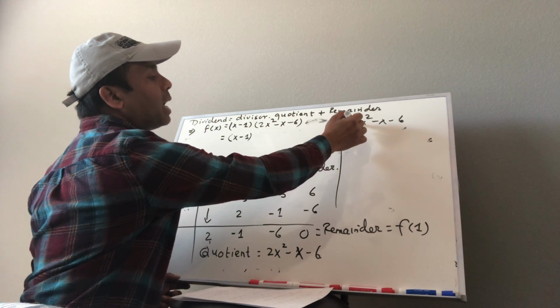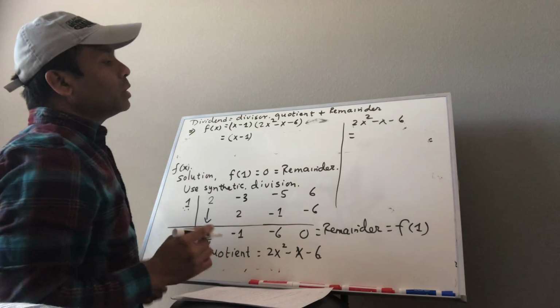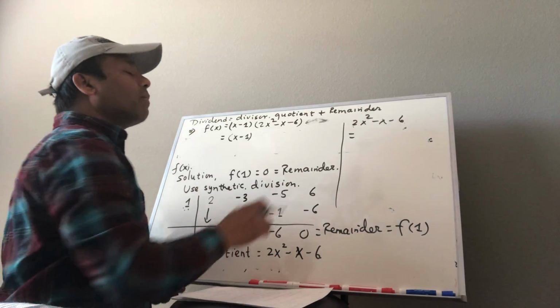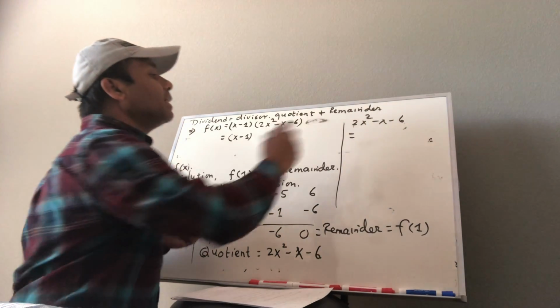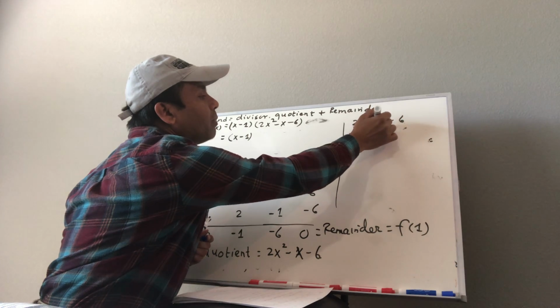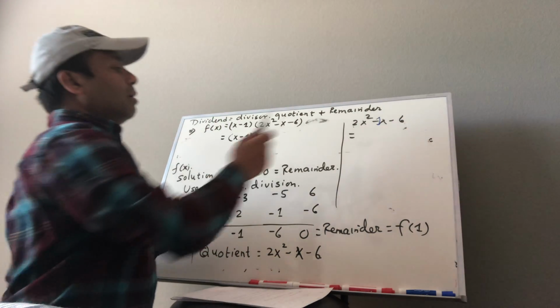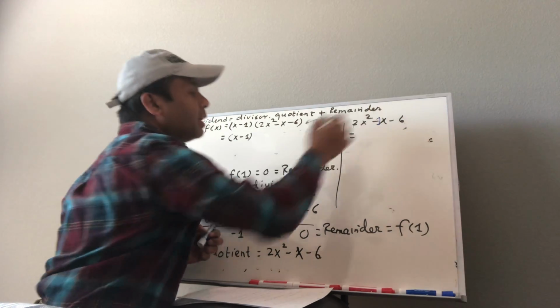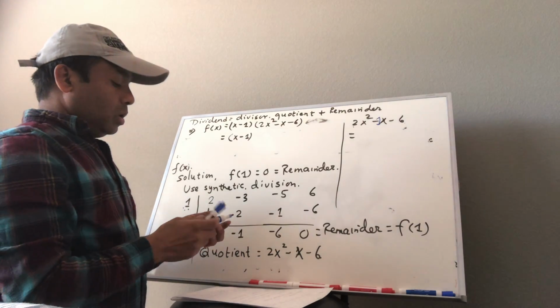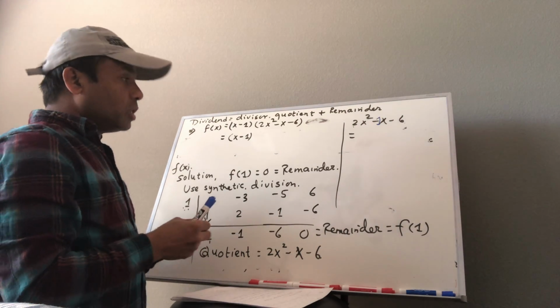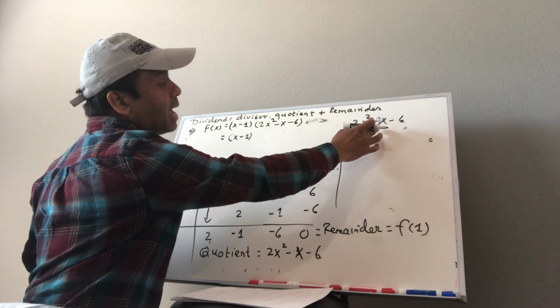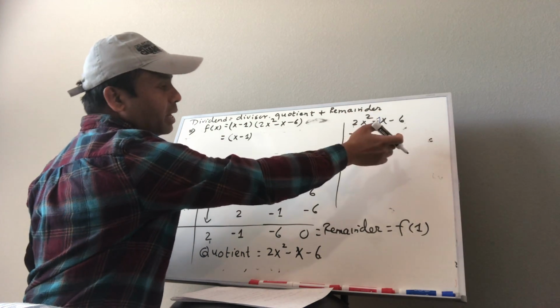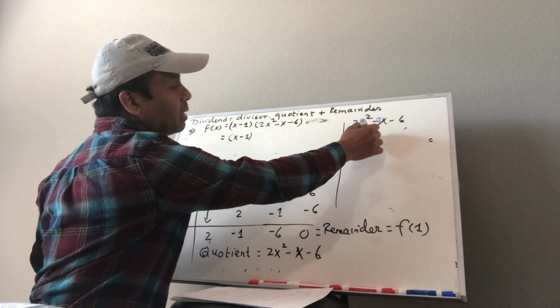You multiply 2 with 6, which is 12. What are the factors of 12 such that their difference is negative 1? So you have to find that. You multiply 2 with 6, which is 12, and then find the factors of 12 so that the difference is negative 1.